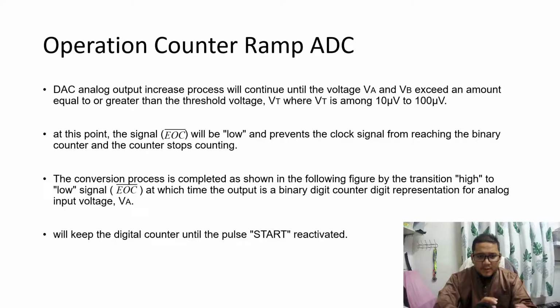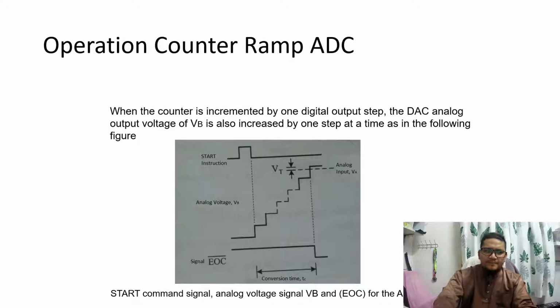At this point, the signal EOC will be low and prevent the clock signal from reaching the binary counter, and the counter stops counting. And then the conversion process is complete as shown in the following figure by the transition from high to low signal, at which the output is a binary digit representation of the analog input VA, and then this will keep the digital counter until the start pulse reactivates.